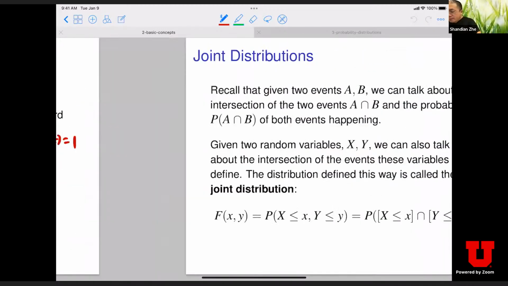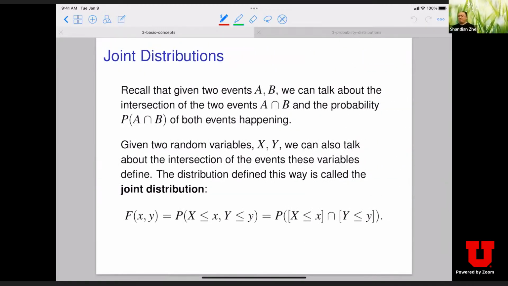Okay, so now let us talk about joint distribution. Previously, when we talked about two events A and B, we know they are two sets. We can talk about the probability of the intersection of two events, A intersection B. We call this probability the joint probability of A and B. In our notation, we often write it as P(A, B).